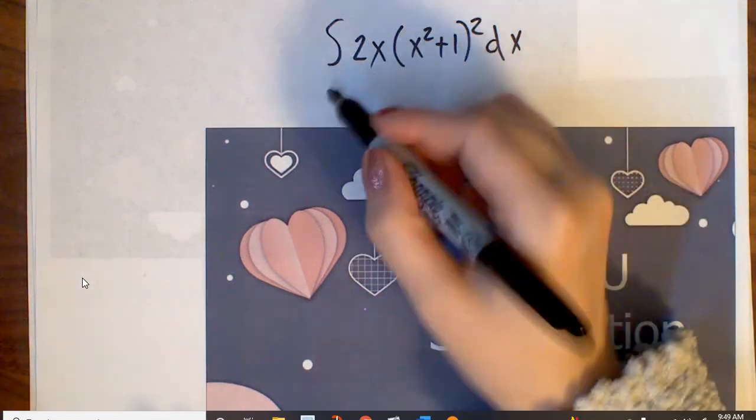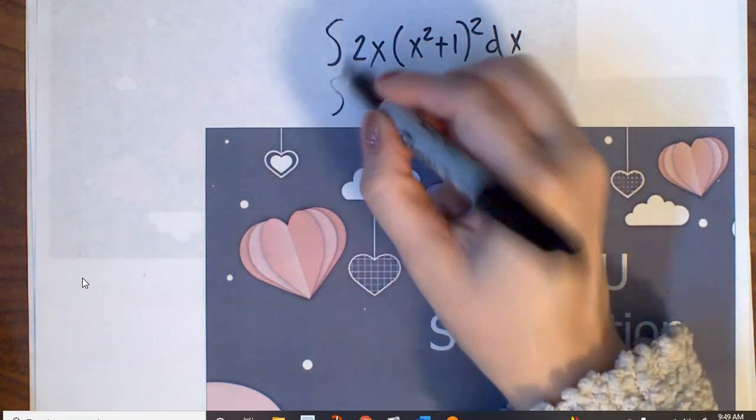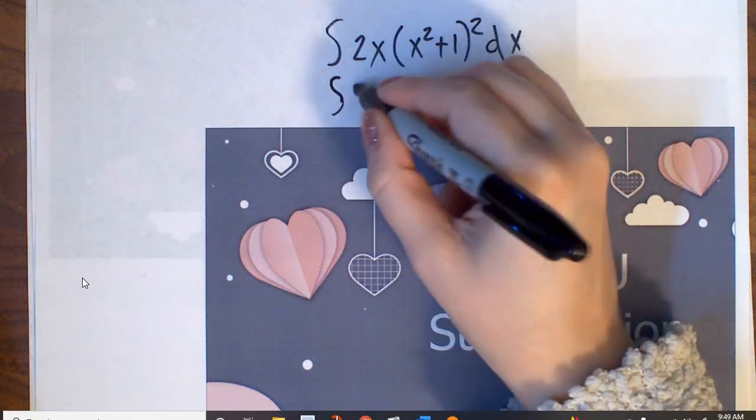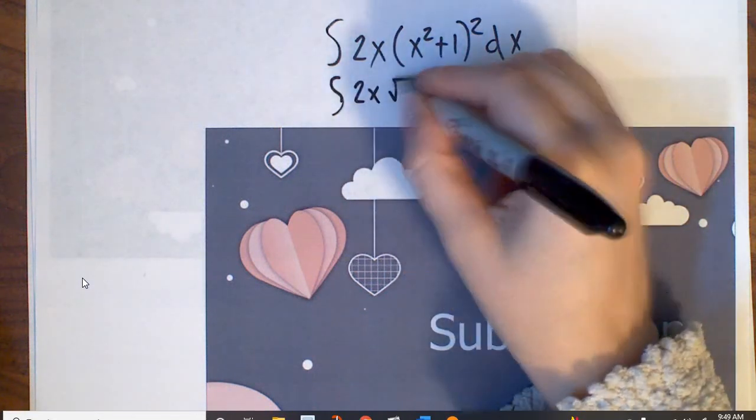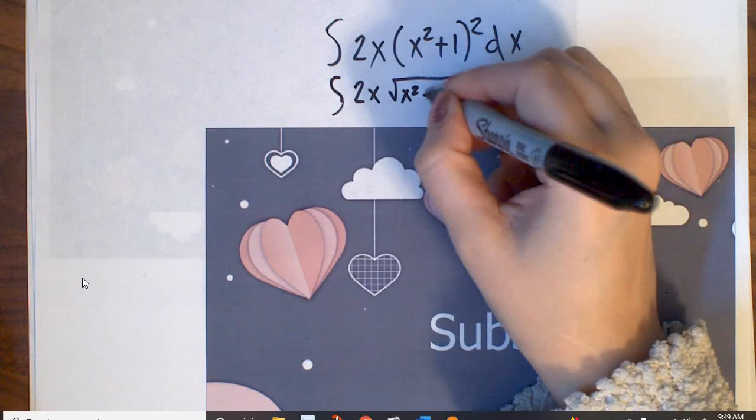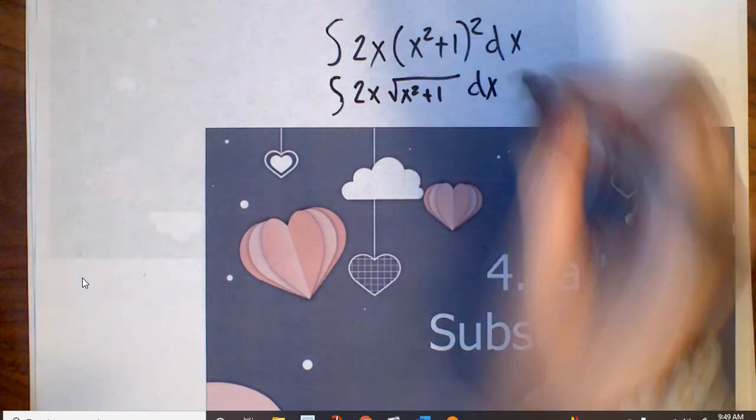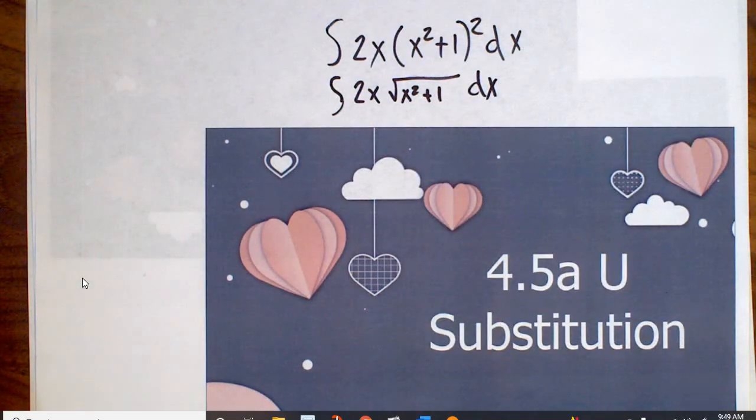But there will be some cases when we can't use multiplication. So if we had 2x times the square root of x squared plus 1 dx, we can't multiply out or simplify that square root. So we have to have some other technique that basically allows us to undo or integrate things that would have used the chain rule to get there.